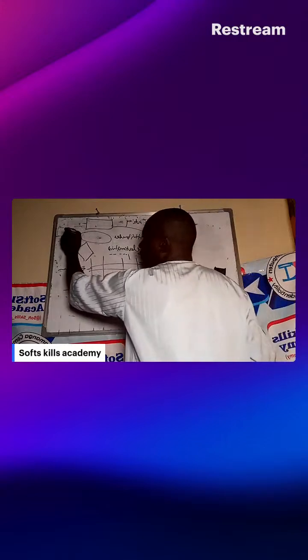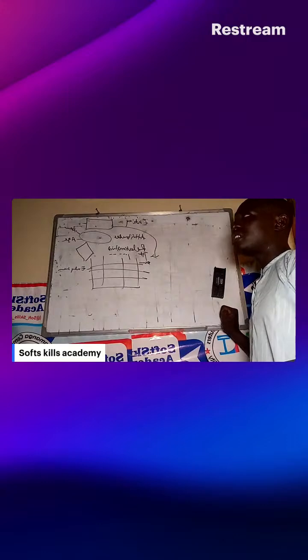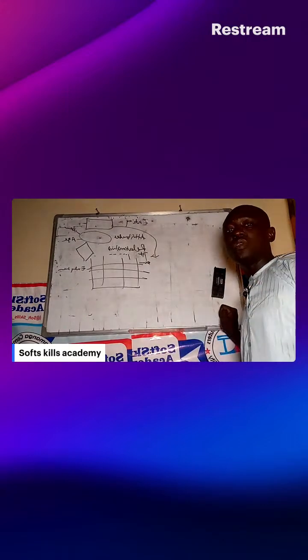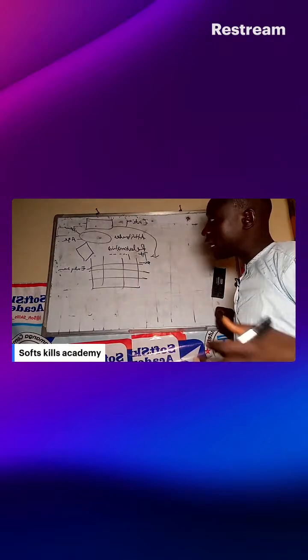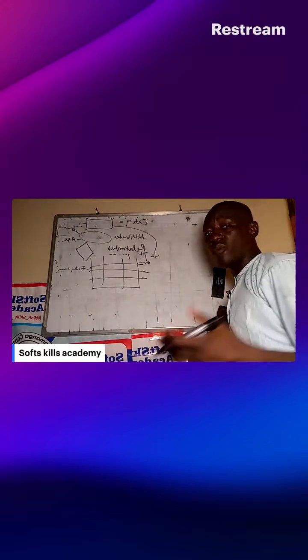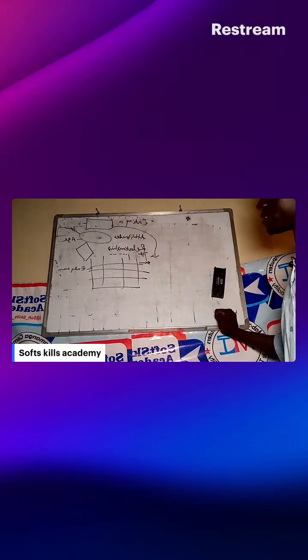But if you have name as an attribute, that is a composite attribute, which can be further classified or grouped into 2 or 3, where we have first name, second name, third name, and the rest.